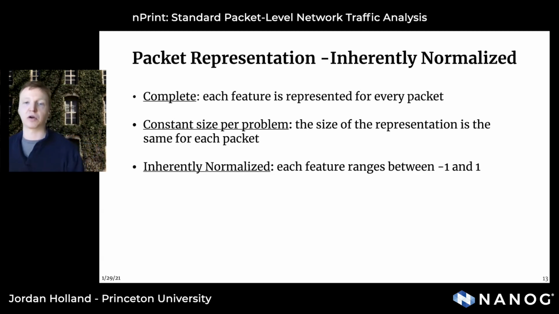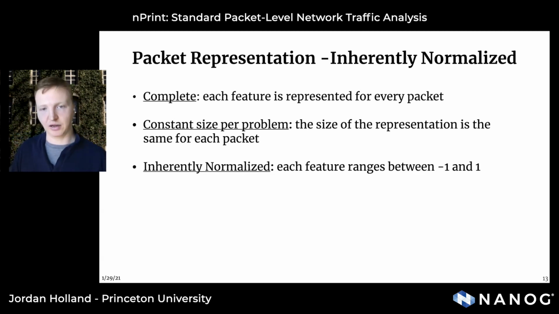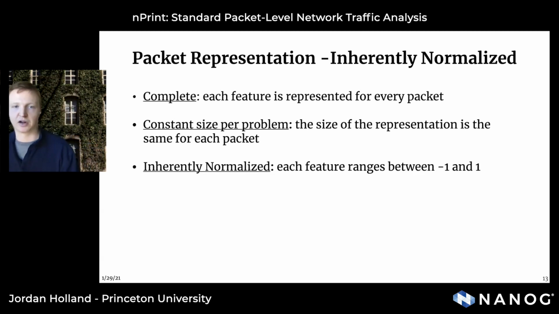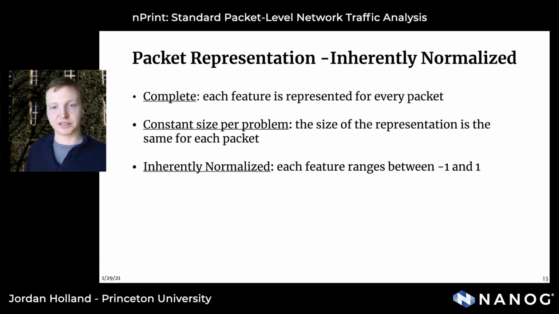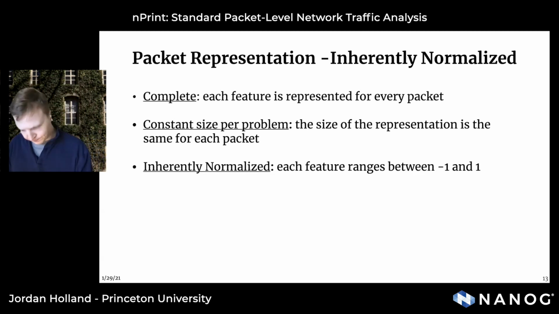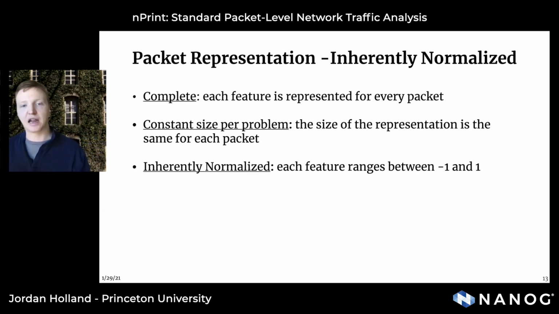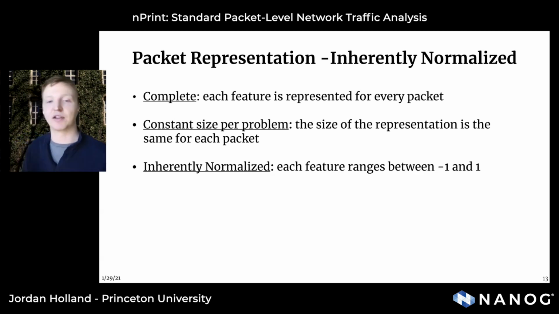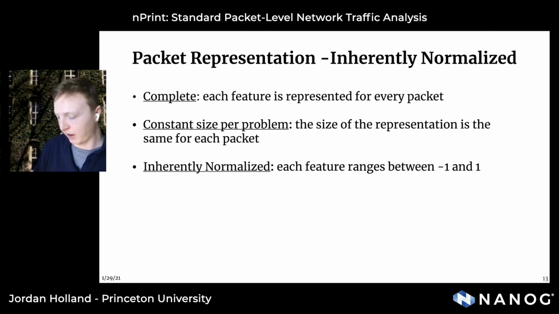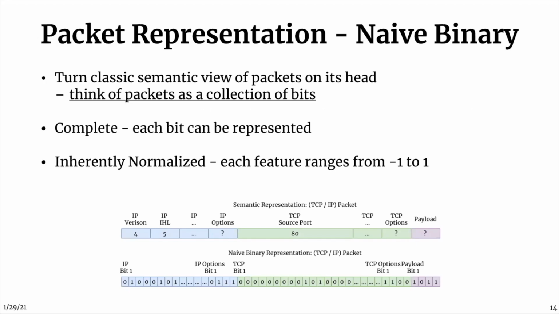So we don't have the source port with a wildly different range of values, between 0 and 65,000, versus the version between 0 and like 16. And beyond just stabilization, being inherently normalized means not needing these computational passes to normalize the data, which, when you're running traffic at the speeds we have today, you just don't have time to do, in a streaming capacity at least.